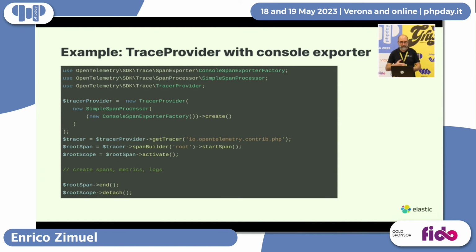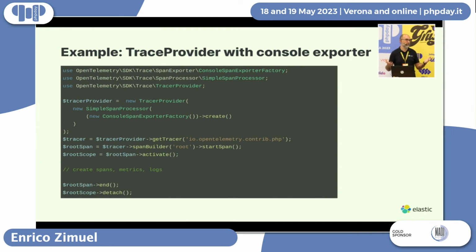So basically the idea is to create this trace provider object, and in this example we are using the console span exporter. That means the output of this OpenTelemetry goes to the default standard output. So this is just for testing, just to understand what kind of traffic, what kind of information OpenTelemetry will produce.